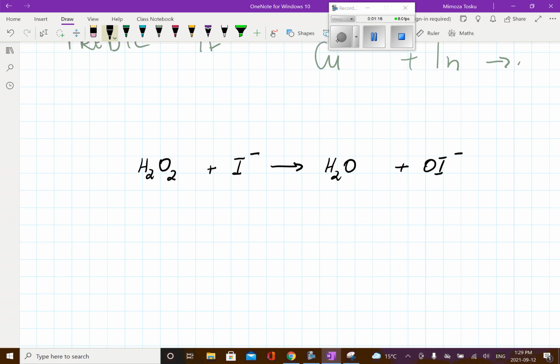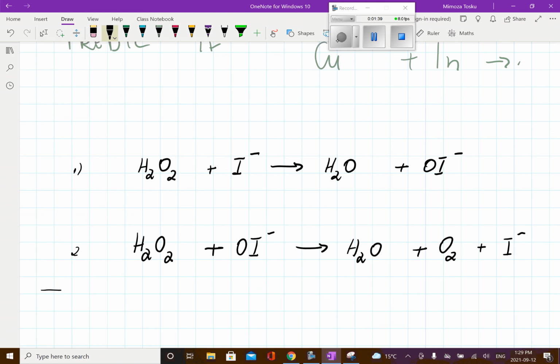And then the following reaction is hydrogen peroxide again, plus OI minus, producing H2O and oxygen. So we have two reactions happening here.